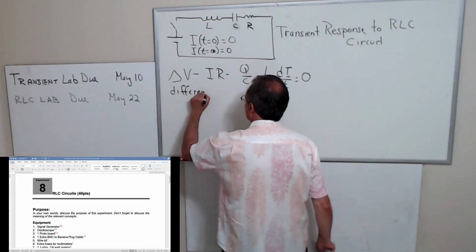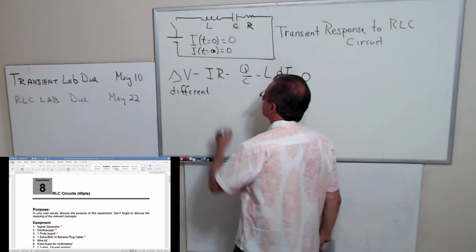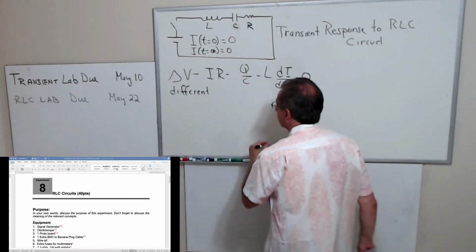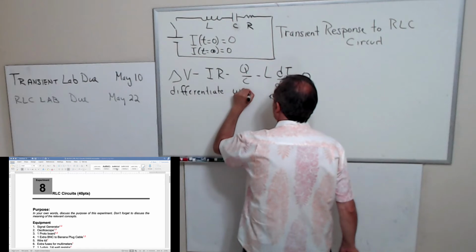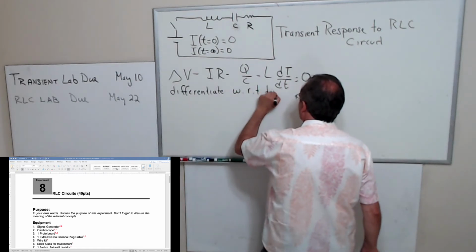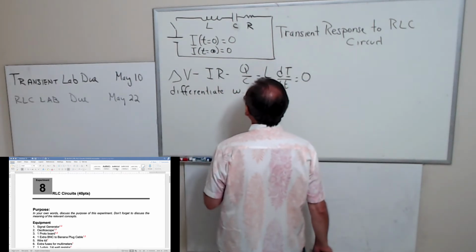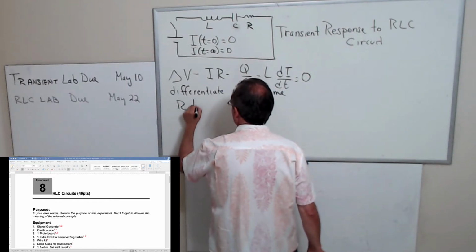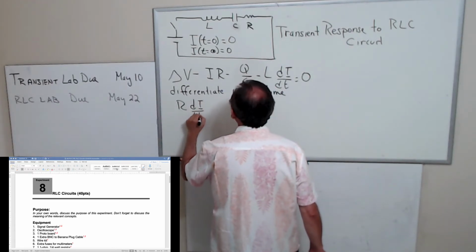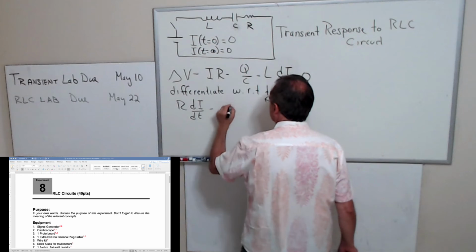Is Q the charge on the capacitor? Right. And so now when we take the derivative, we get the following. dq dt.